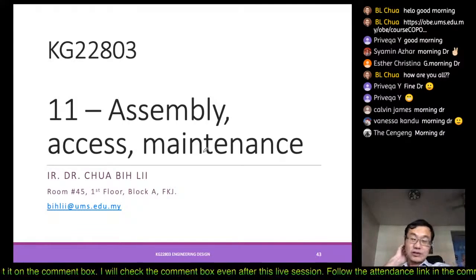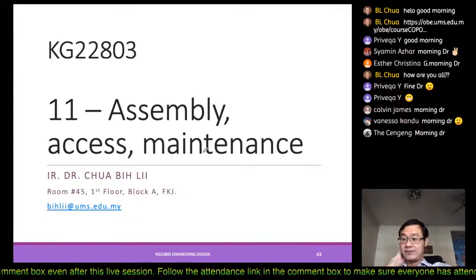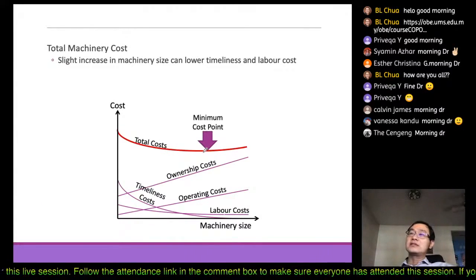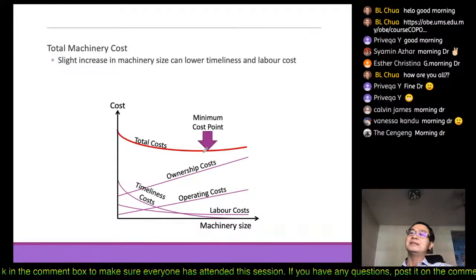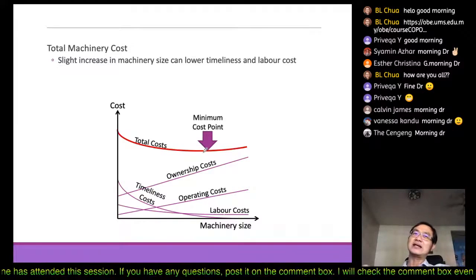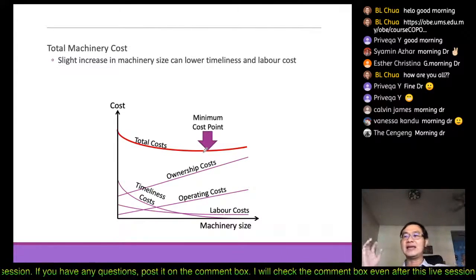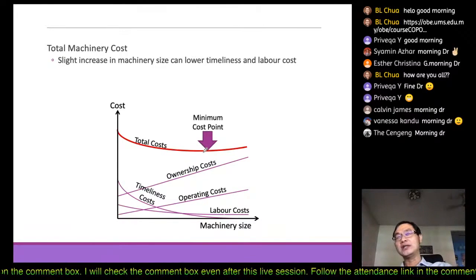Next, we will go into the last part, assembly, access, and maintenance. This would be related to the machinery cost, or coming back to the question of why we want to maintain machines or a system.